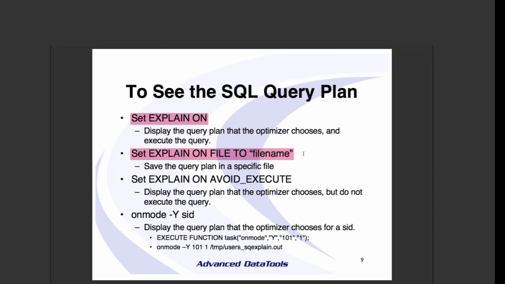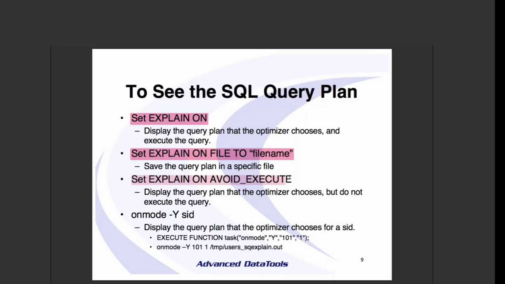And if something's not working right, I can pass a debug flag to the program and it will then turn on set explain and put the output to the file. The file is very important because if you don't do that, it all goes into a file called sqexplain.out. This way you can get the query plan by program or by file.